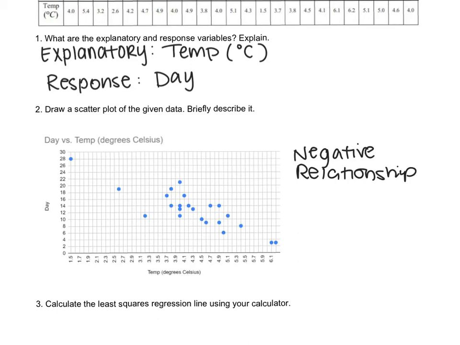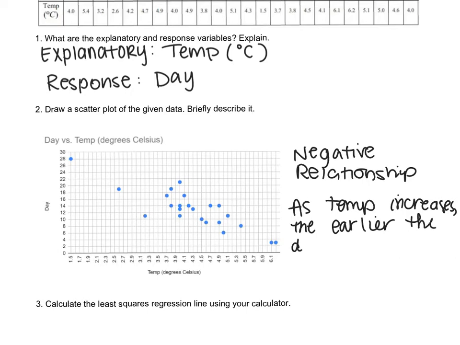Okay, so as temperature increases, the earlier the day the blossom will appear.